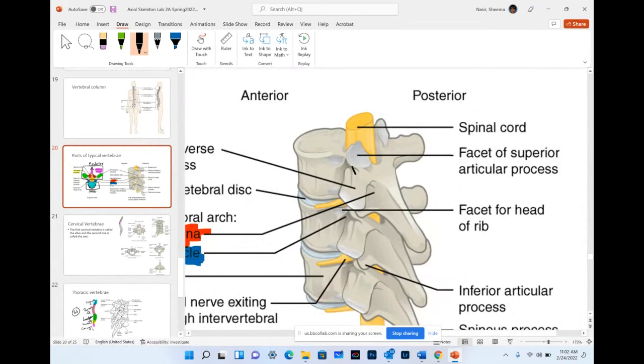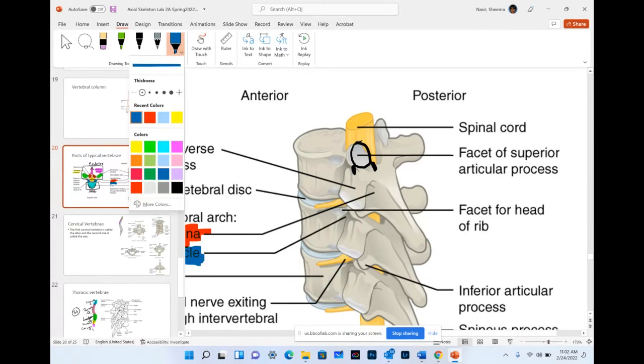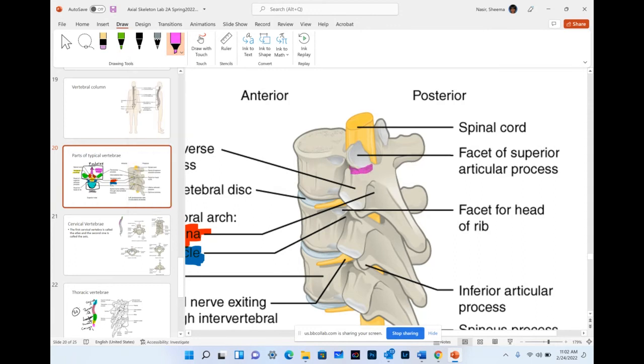So this is superior articular process. And on top of it, you see this flat surface? This is the superior articular facet. So what does that mean? That means your superior articular process is this part.